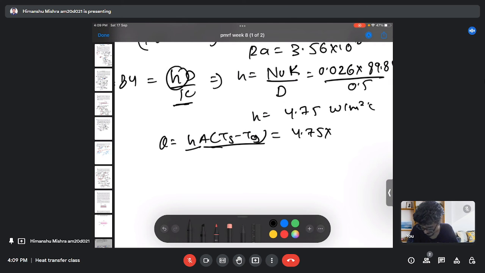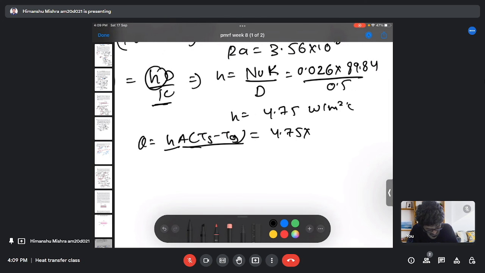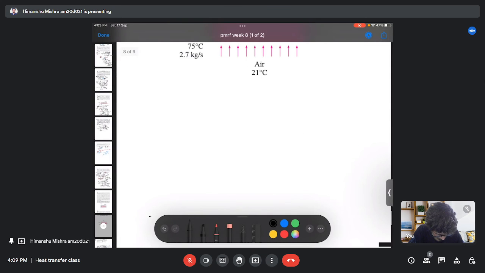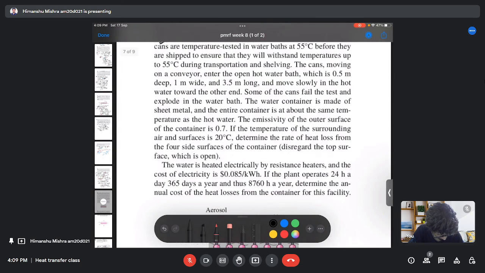4.75 multiplied by... So for the area, we are given the dimensions of the water bath.